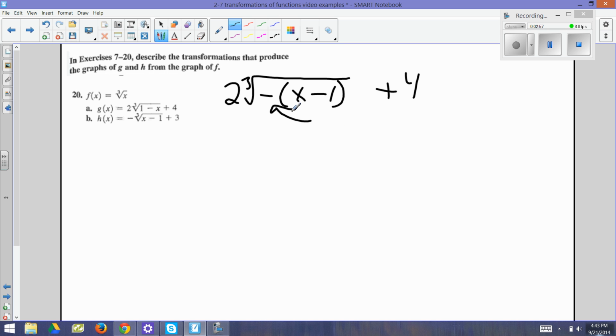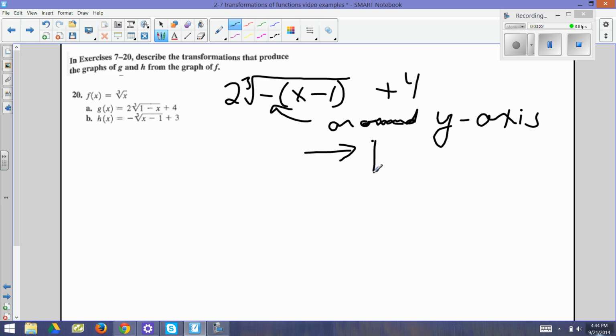It's a rotation around the y axis. Minus 1 with the x is right or left movement, and that would be right 1.